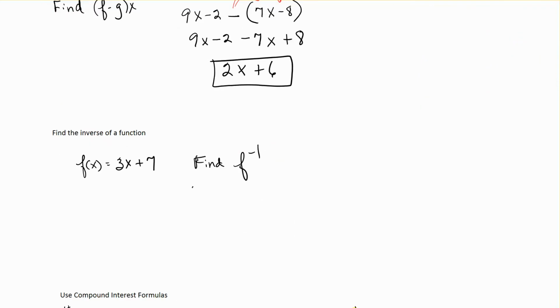You will probably be asked to find the inverse of a function. So if you're given f of x equals this, you want to find f inverse. Well, there's several steps. First of all, we'll write it as y equals 3x plus 7. Then we'll interchange x and y.